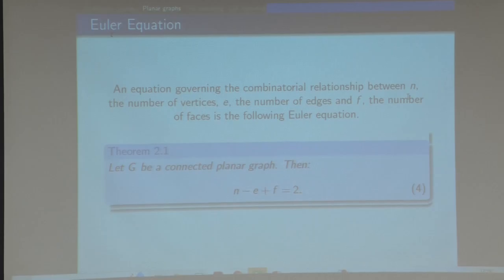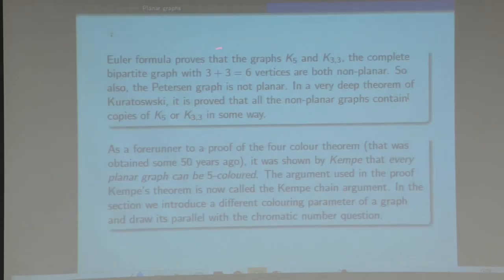Many proofs are available, but this is something that has to be at the back of your mind. The Euler formula typically proves, for example, that the complete graph on 5 vertices and the utility graph, 3 vertices on one side and 3 on the other with a complete bipartite graph, are both non-planar. The Petersen graph is also not planar. This theorem of Kuratowski says that all non-planar graphs, in some sense, contain copies of K5 or K3,3.